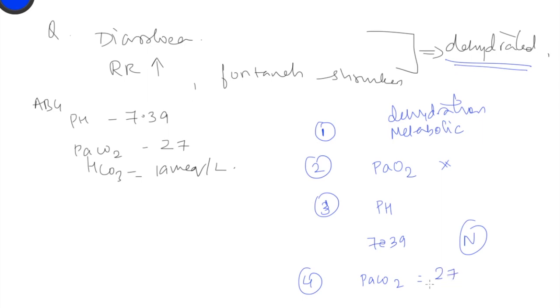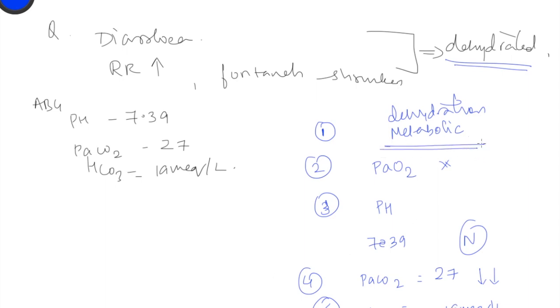PaCO2 is 27. Normal is between 35 to 45, so the PaCO2 has decreased. Now look at the bicarbonate. Bicarbonate is 19 milliequivalents per liter. Normal is between 22 to 26. So now it is a metabolic issue.